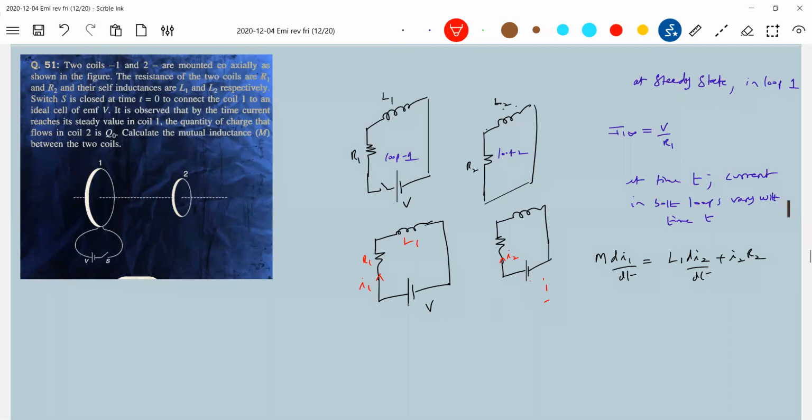Let me write EM. And what is that EM? It is the EMF generated in loop 2 due to mutual inductance. Okay, let me proceed with the mathematics here. M di1 equals L1 di2 plus R2 I2 dt. I'll integrate.